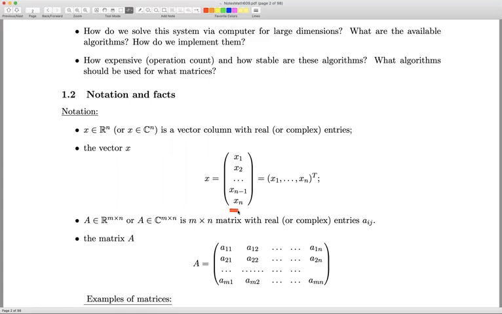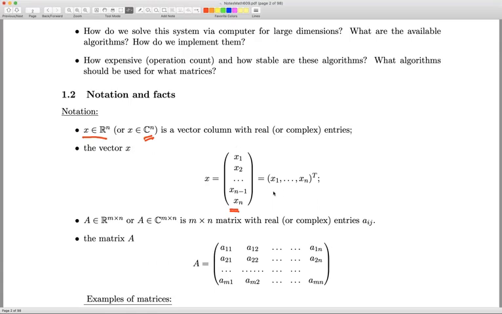Those coordinates can be either real numbers, and then we will denote that by writing X belongs to Rn, or these vectors are with complex coordinates, and we will denote this by writing X belongs to Cn.